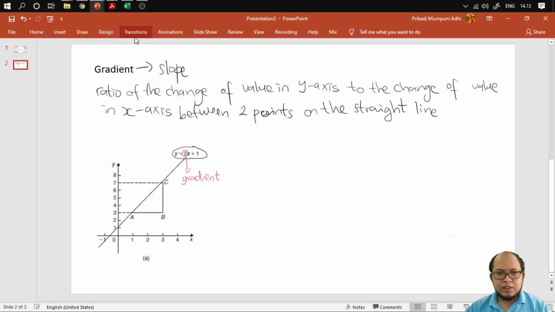So from this figure, we can see that when the x is increased, the value of y also increases.